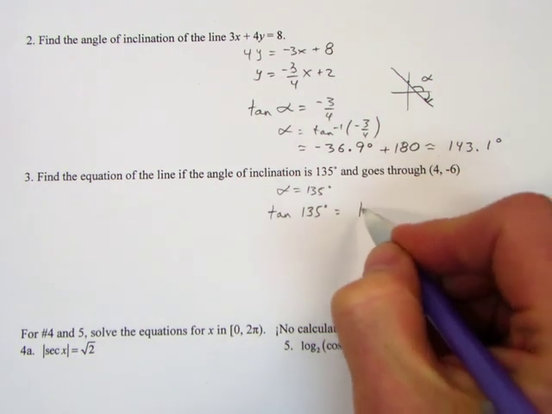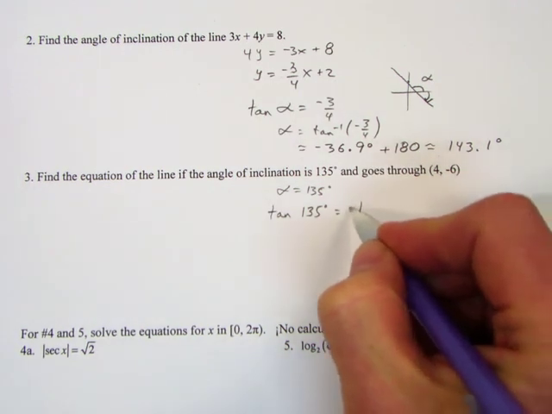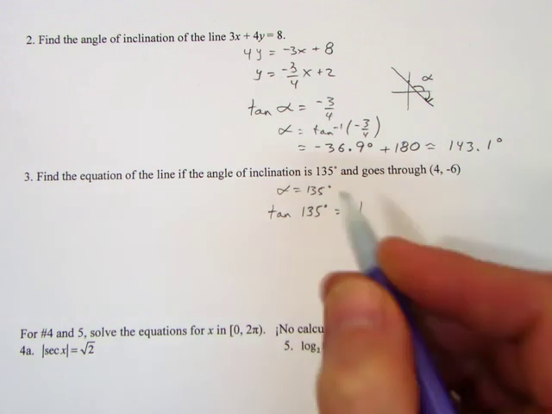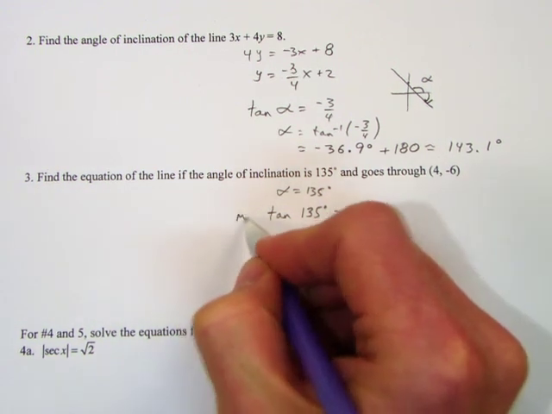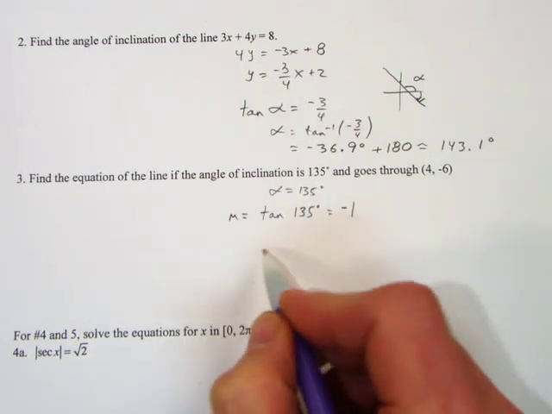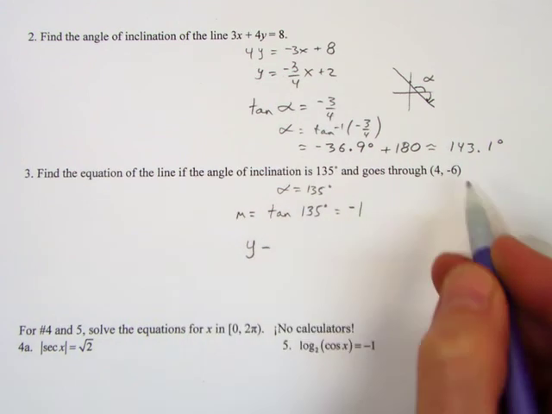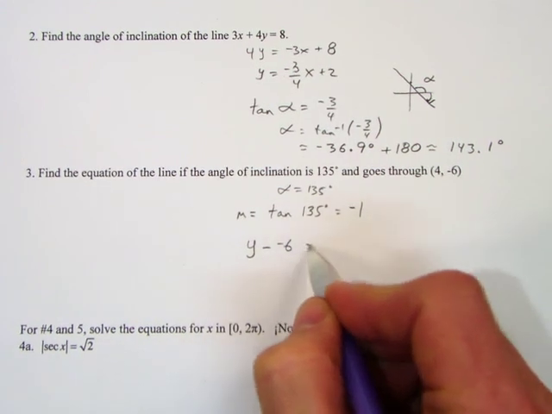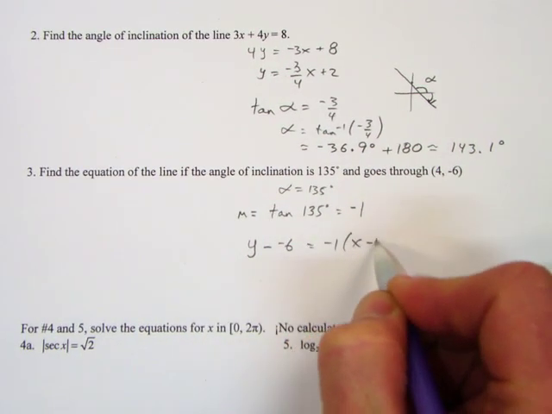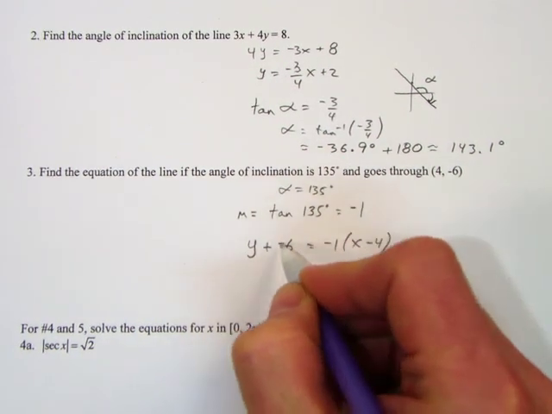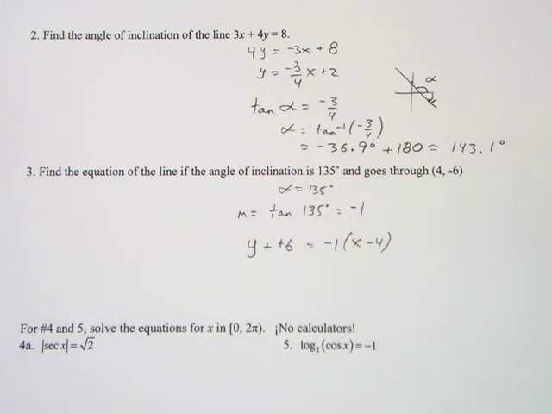So tan of 45 is 1, and in the second quadrant, tangent is negative. So that tells us, and I should have put m equals, that's my slope. And now I can say y minus y1, which is negative 6, equals negative 1 times x minus 4. And the only thing I would simplify is to say y plus 6. And that's it.